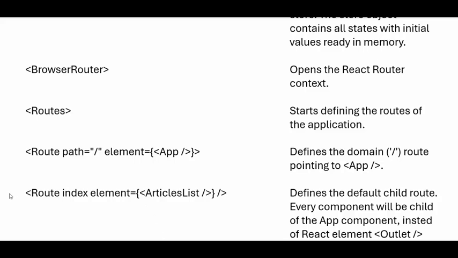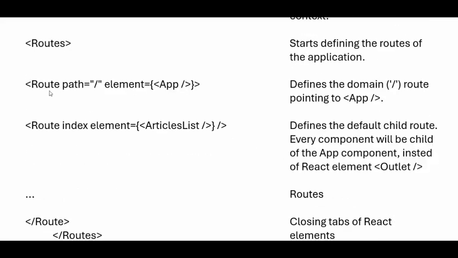A browser router opens the React router context. A route starts defining the root of the application. A route path equal slash defines the domain slash root pointing to the app component.